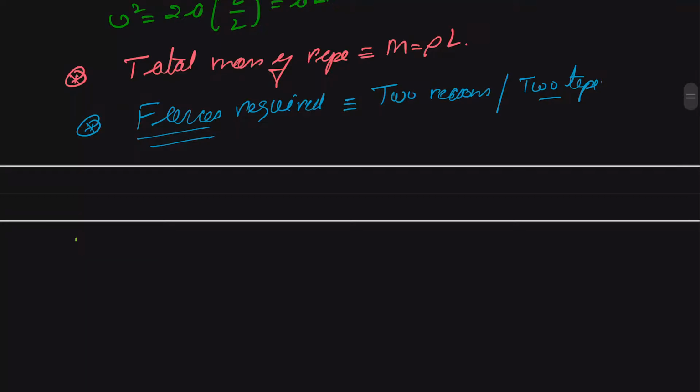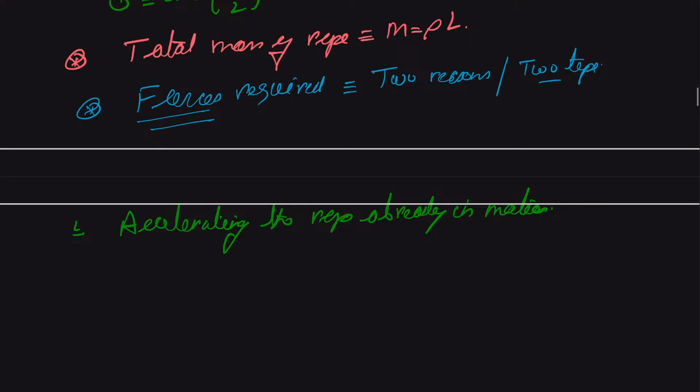The first one is accelerating the rope already in motion. Let us call this force F1.